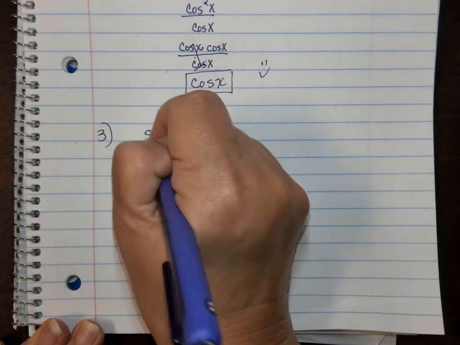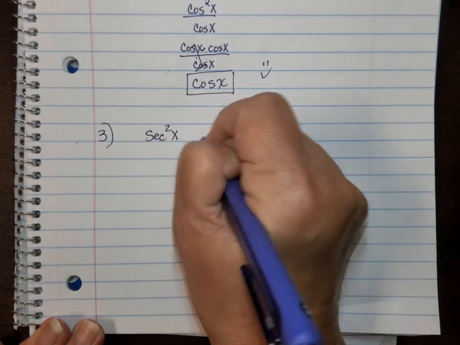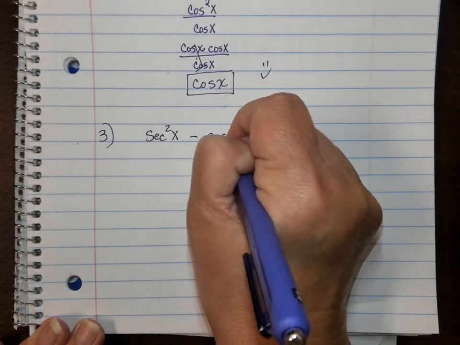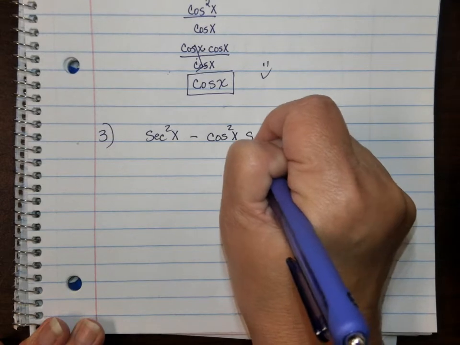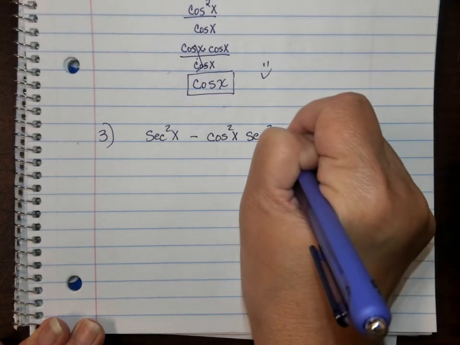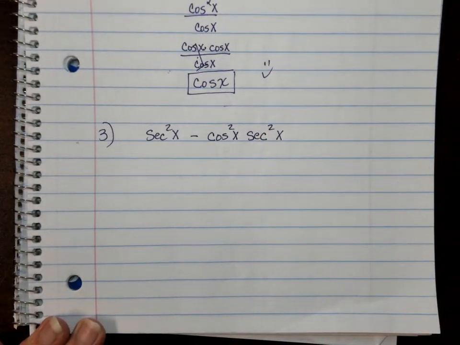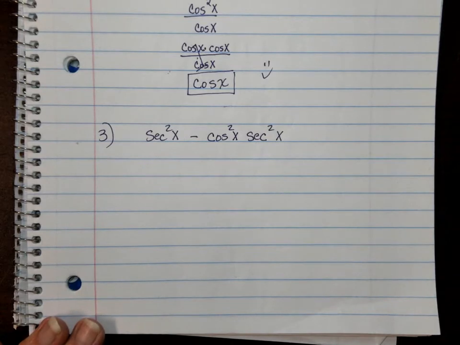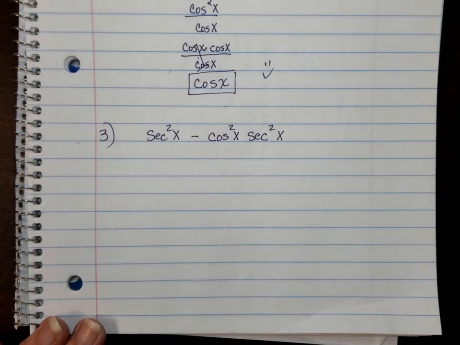Secant squared x minus cosine squared x secant squared x. Now at first you might be looking at all those squares and be thinking, oh, Pythagorean, Pythagorean, but slow down. Remember, it said if you can factor, factor first.